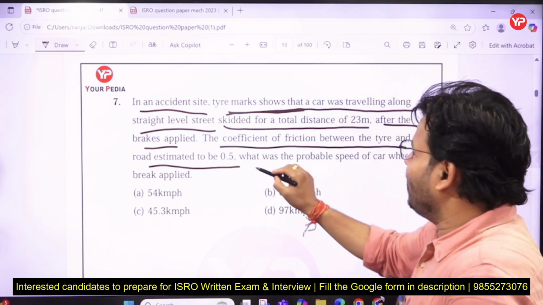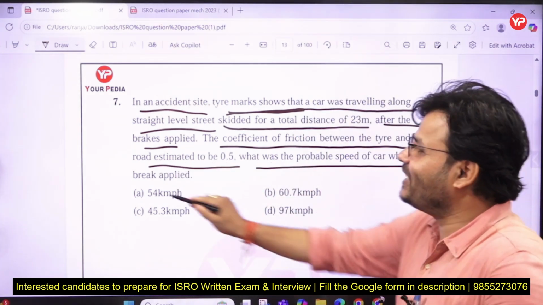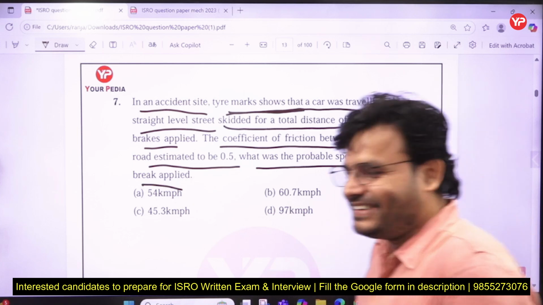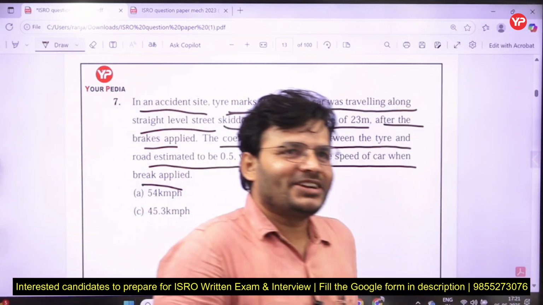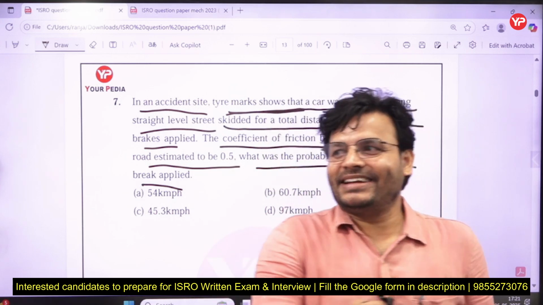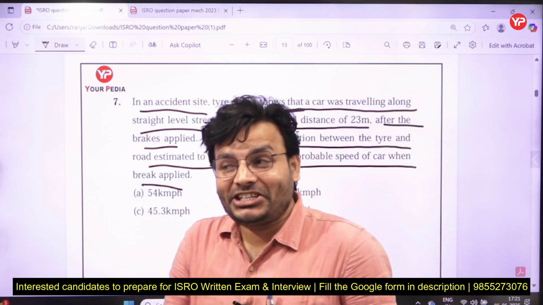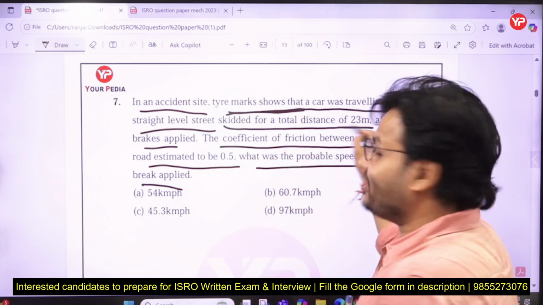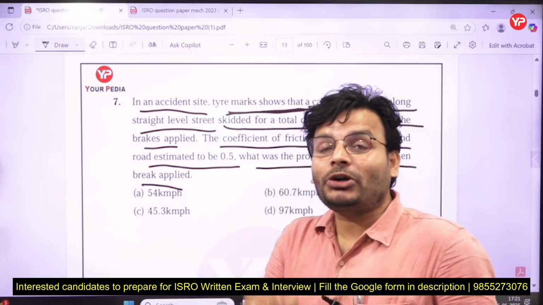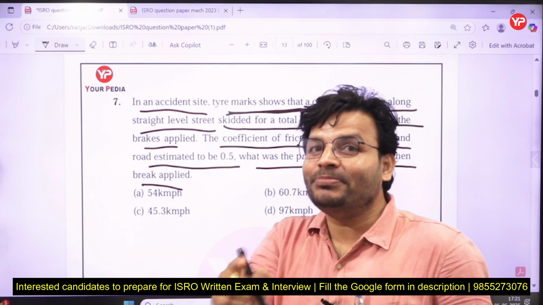What was the probable speed of the car when the brake was applied? It was a real life situation. You are driving your bike or car, suddenly you apply the brake, and after the application of brake, your vehicle still moves how much meter? 23 meter. So the question is, what was the speed when suddenly the brake was applied?